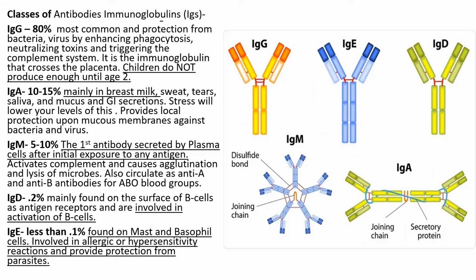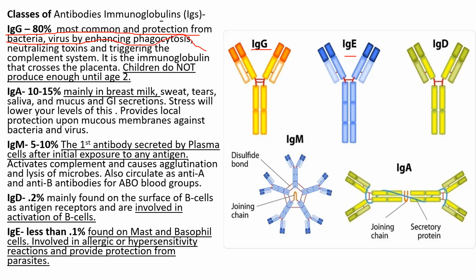So there are different classes of antibodies or immunoglobulins. And this is a good example: IgG, IgE, IgD, IgM, IgA. You probably heard of these, immunoglobulin G or immunoglobulin E. You may have heard of these at some point. IgG is the most common, and provides protection from bacteria and virus by enhancing phagocytosis.